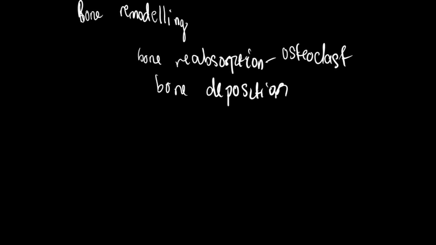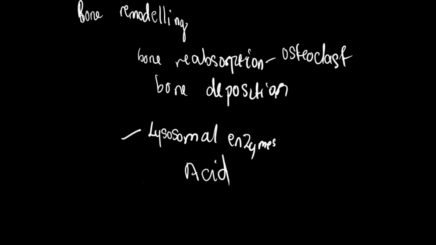Basically, the osteoclast releases lysosomal enzymes, and it also secretes acid. These are the two degrading factors of the osteoclast. Remember that in the bone we have the organic part as well as the inorganic component.